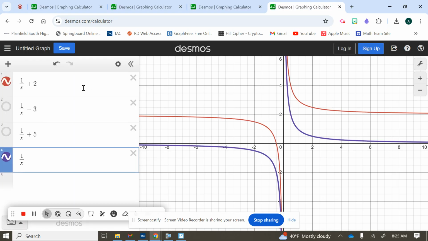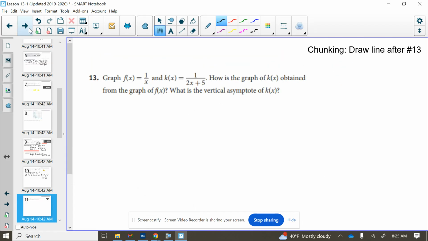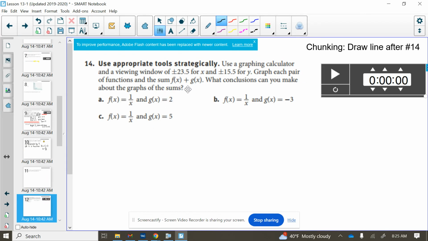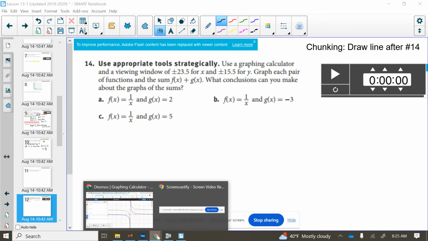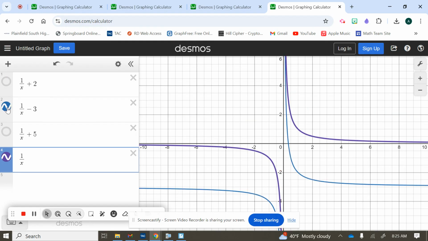All right, now our last part then, if we look down at our piece here for then number 14, is asking us to add these together. So if we take our parent function, 1 over x, and we add it to 1/2, we notice a shift up. If we add, aka subtract, 1 over x plus negative 3, it shifted it down 3.